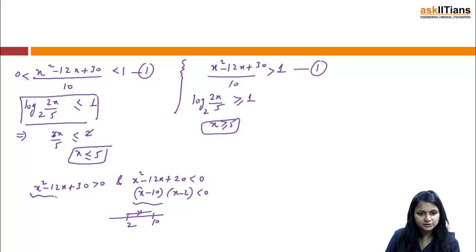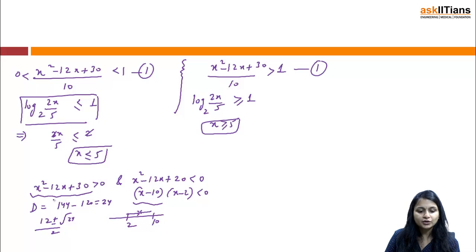If we try to split this, let's check its discriminant. B square is 144 minus 4ac, which is 120, so that becomes 24. So I will have its roots as 12 plus minus root 24 upon 2, and the expression will be greater than 0.